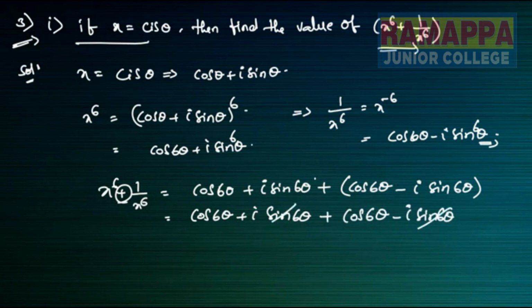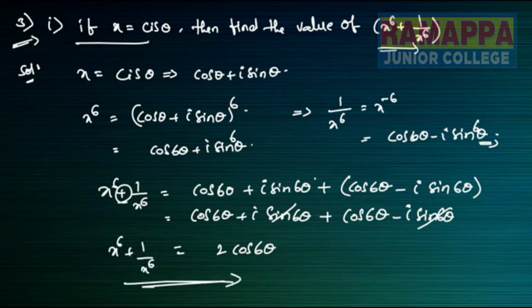These two i sin 6 theta terms get cancelled, and it becomes 2 cos 6 theta. So x power of 6 plus 1 by x power of 6 is equal to 2 cos 6 theta. This is the answer.